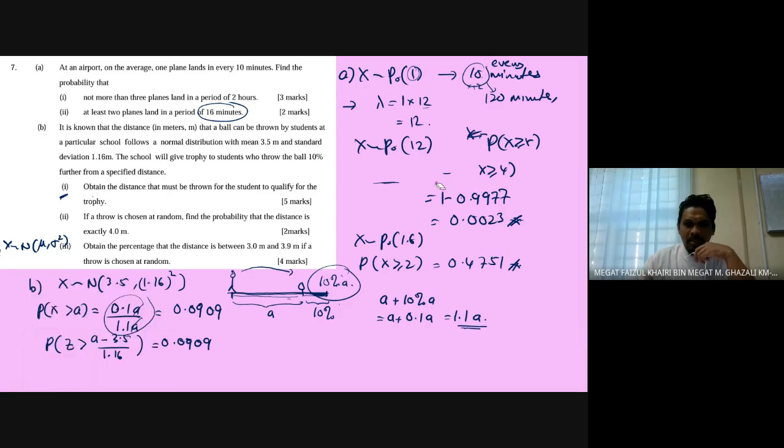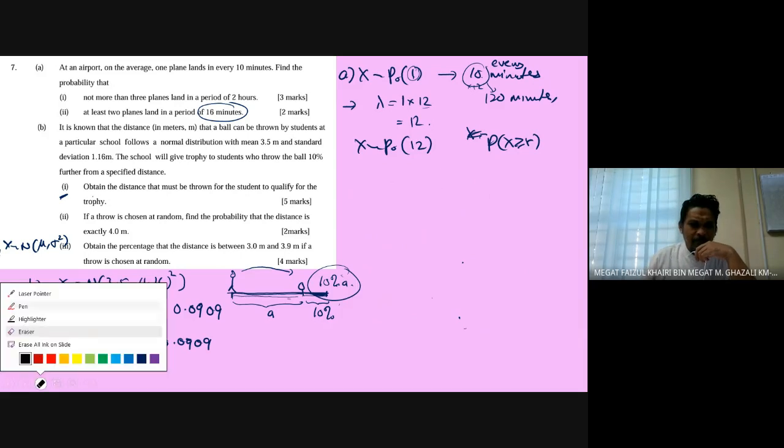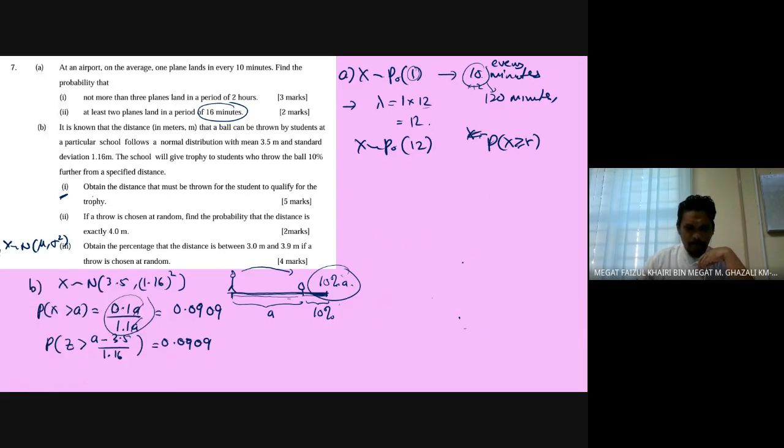Okay, I'll clear all this. Now the probability of Z greater than (A minus 3.5) divided by 1.16 equals 0.0909.